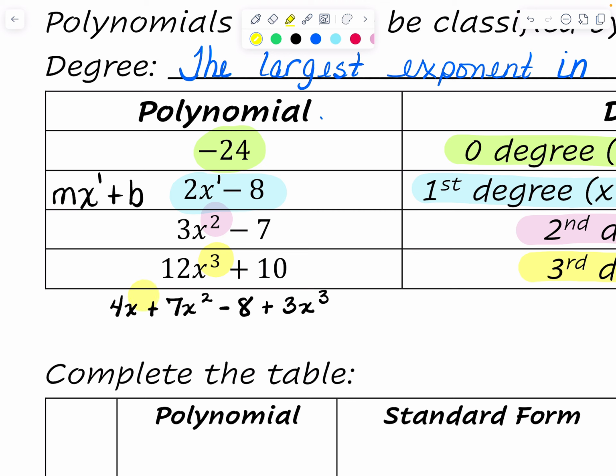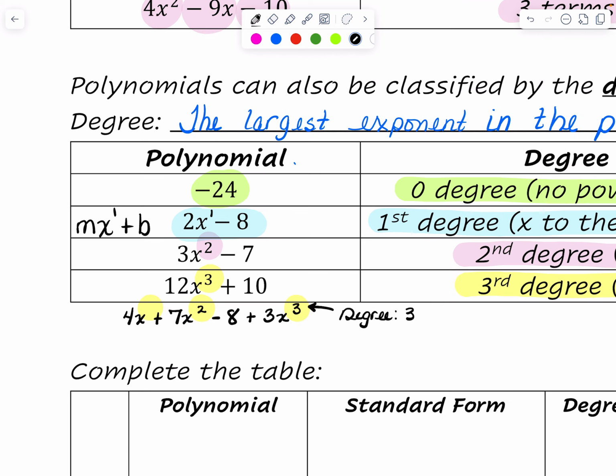So this one has an exponent of 1. This one has an exponent of 2. This one has an exponent of 3. So the degree of this one would be 3, because it's the number of the highest exponent.